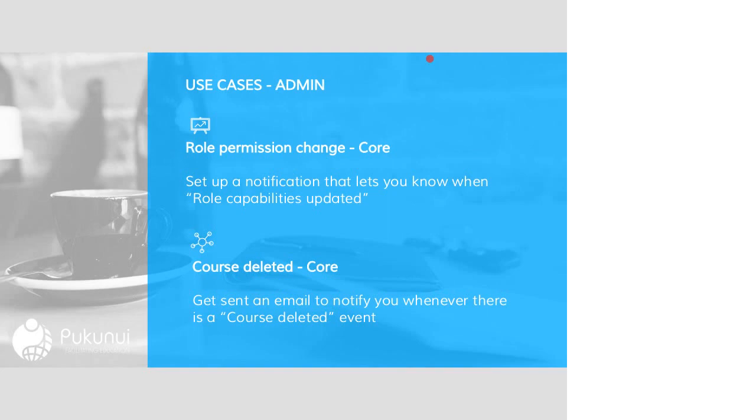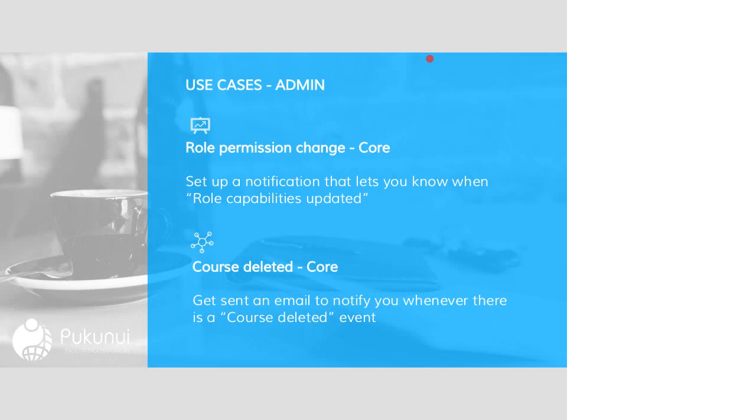So as a Moodle site admin, it might be useful to know if somebody's changed any of the roles or permissions on your site. So all of that area is being monitored. You can create some rules that will give you a notification if those role capabilities have been updated. And that's especially important if you're running a site with multiple admins.